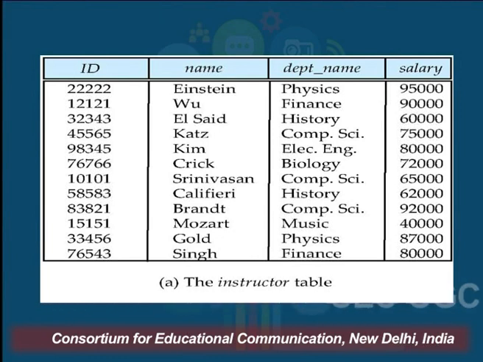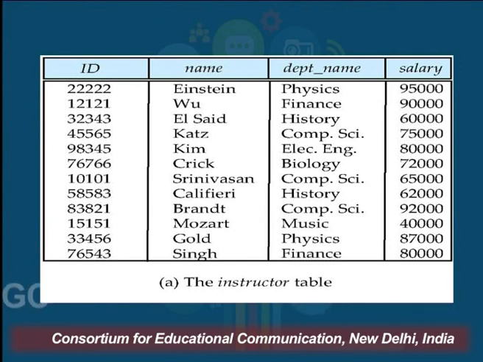Each column has a unique name. Now, one particular record has ID number 22222, name Einstein, department name physics, and salary 95,000. This is the information about one instructor whose name is Einstein, whose ID is 22222, who belongs to the department of physics and whose salary is 95,000.